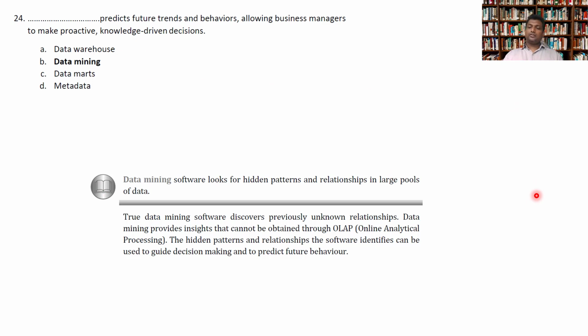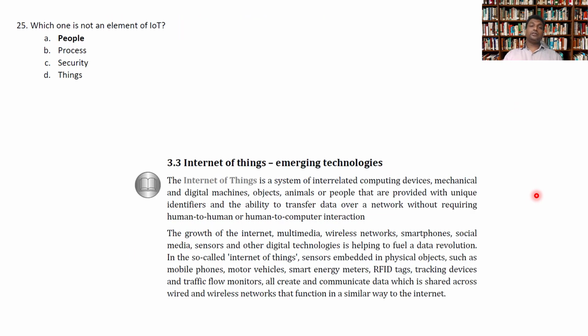Right. So now we are moving into the 25th question, the final question in part 1 of this video. This question is all about Internet of Things, which is another popular term in technology these days. So let's have a look at what it says. Internet of Things is a system of interrelated computing devices, mechanical and digital machines, objects, animals.